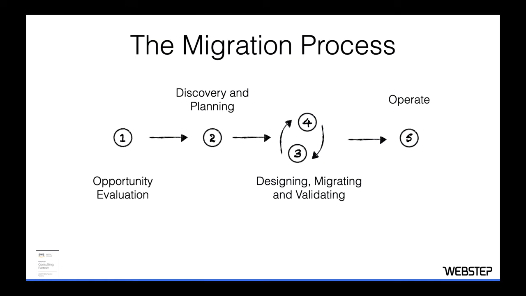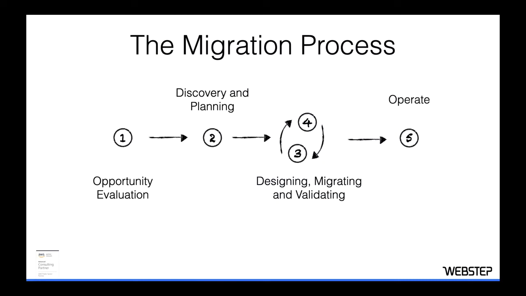And when we've done that, it's about designing, doing the migration, doing validation, doing checks and things like that. And in the end, of course, getting into operational mode, hopefully sooner rather than later. So we're in the cloud and we're running our workloads in the cloud.